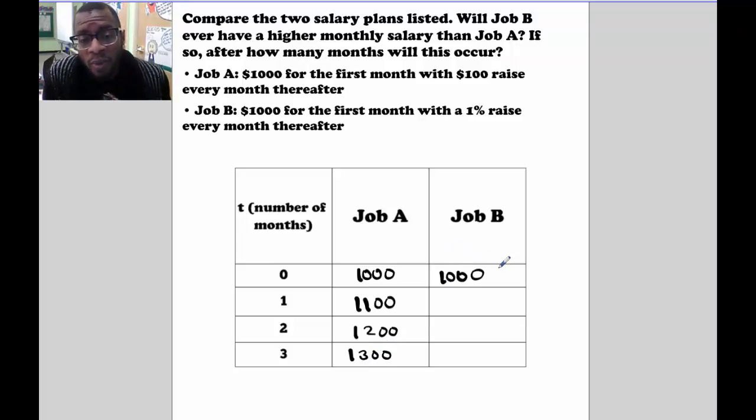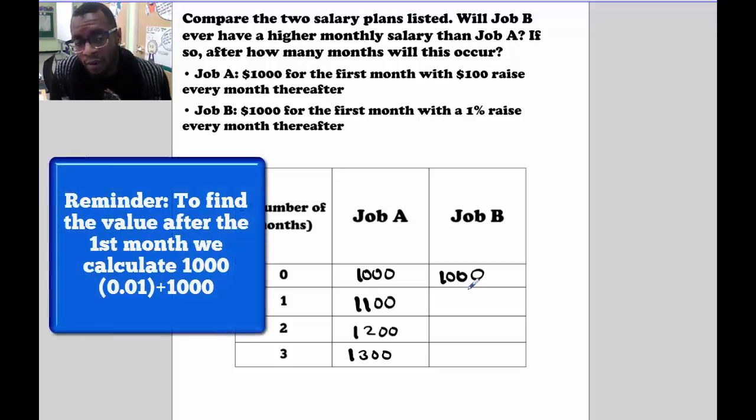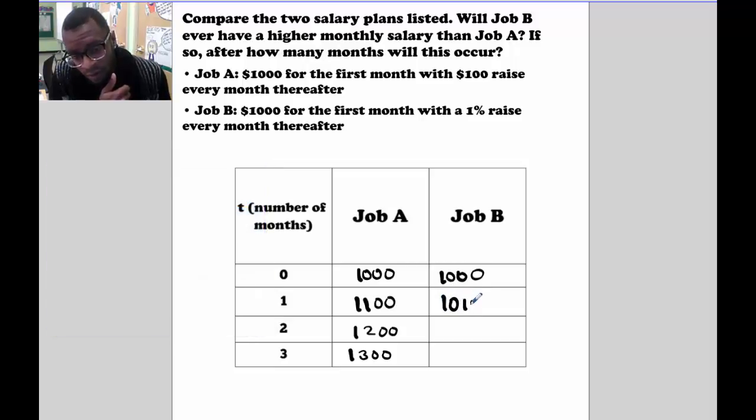Now for job B, it's going to be a little different because we're no longer getting a $100 raise. Now we're getting a 1% raise. So we have to take 1% of this $1,000 and add that to the $1,000 to get what we would earn after the first month. That's going to be $1,010.